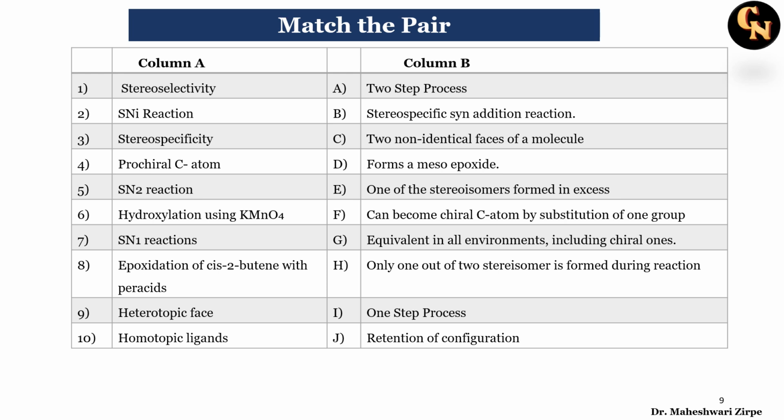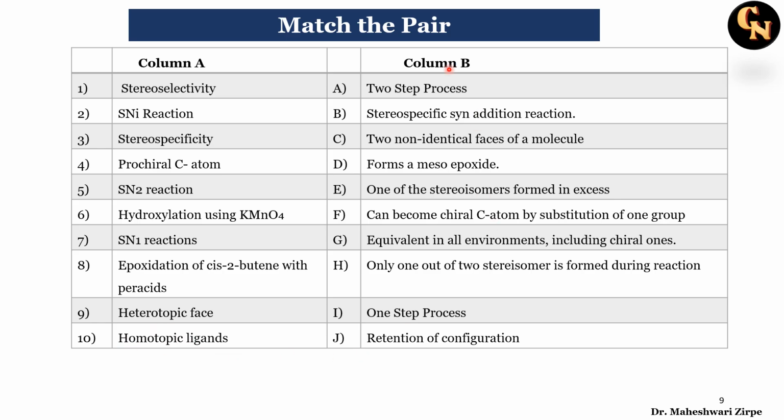So stereoselectivity you can see in column A, then SN i reaction, stereospecificity, prochiral carbon, SN2 reaction, hydroxylation of KMnO4, SN1 reaction, epoxidation of cis-2-butene with per acid, and the ninth one is they have shown heterotopic phases and homotopic ligands.